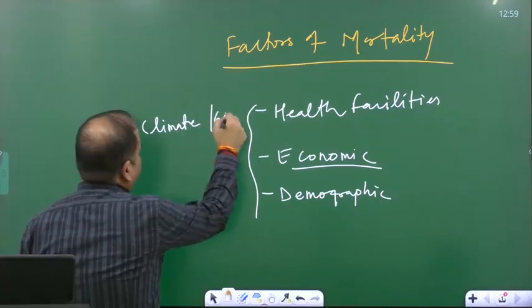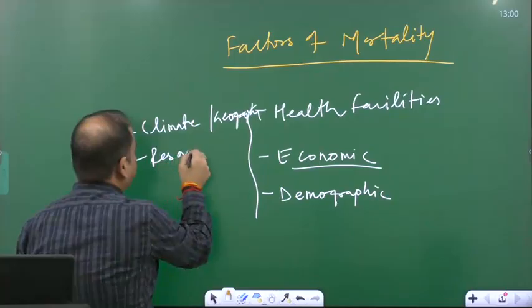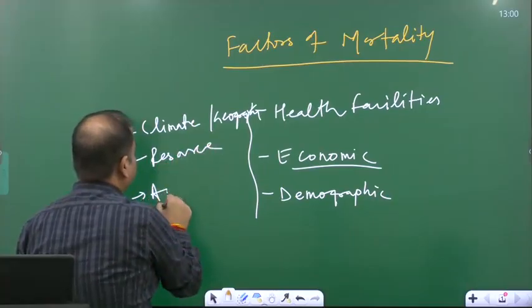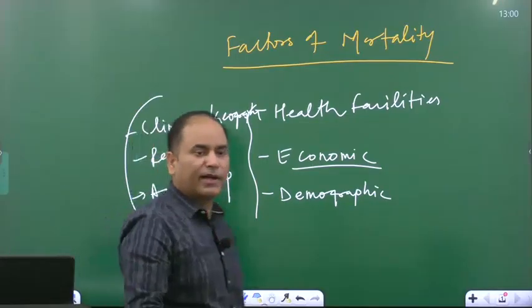Climate, geography is also one of the factors. Resource availability is also one of the factors. Age group is also one of the factors. So बहुत सारे factors. आप कितने factors लिखेंगे?